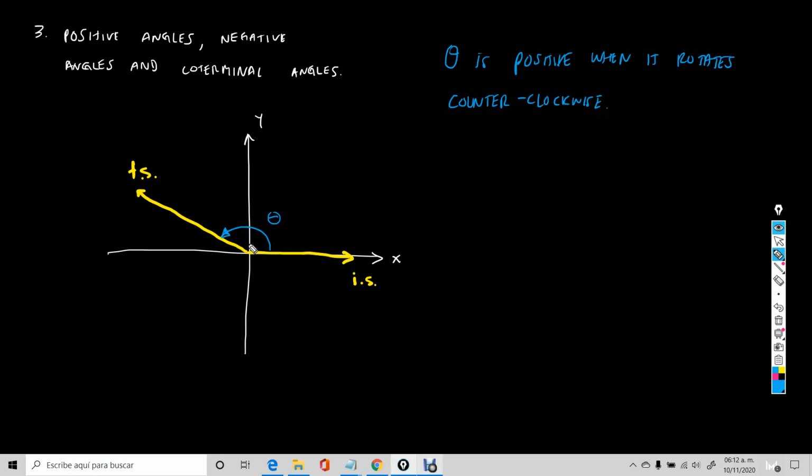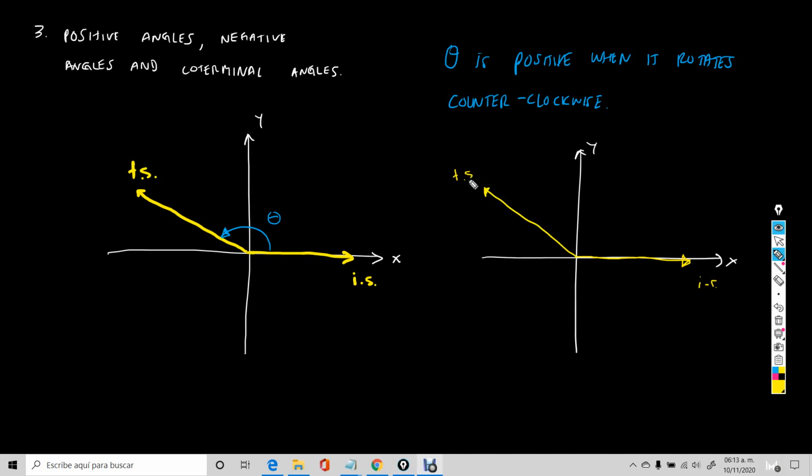In this case, this theta is positive because it's rotating counterclockwise. Now, let me draw another angle, also in standard position. Here you go. This is the initial side.